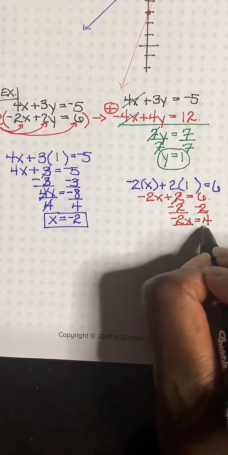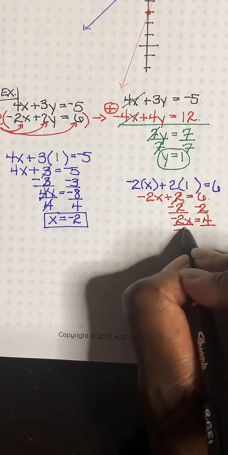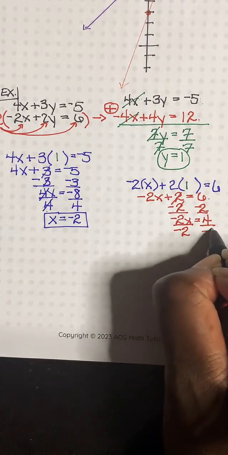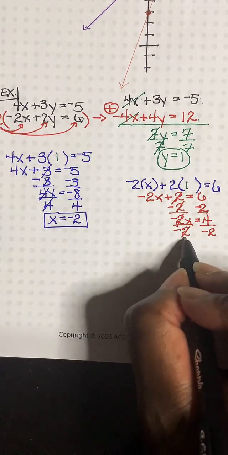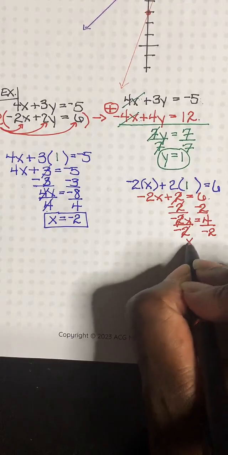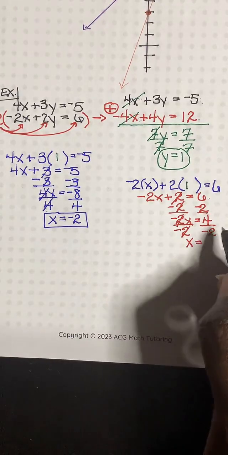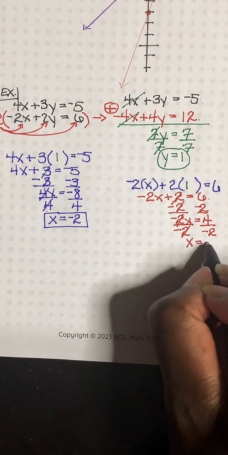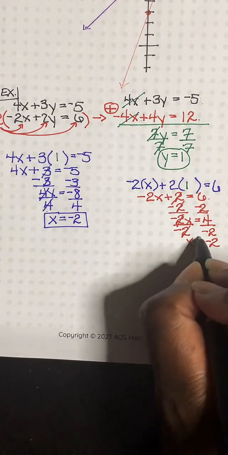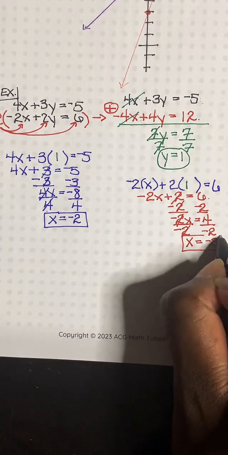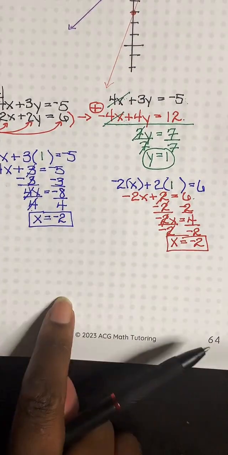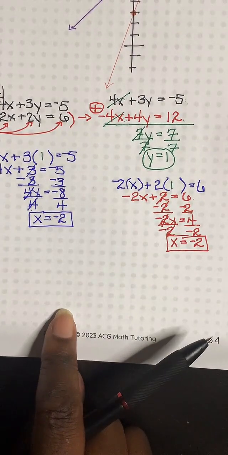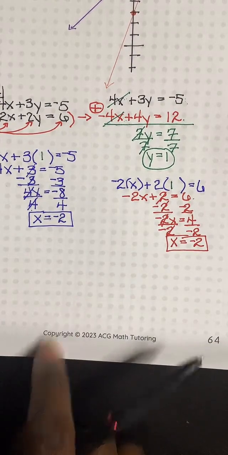Now, we're going to divide both sides by the negative 2 because we want to get our x by itself. Negative 2 divided by negative 2 gives me 1 or 1x. And then 4 divided by negative 2 gives me a negative 2. So see, it doesn't matter which one of those two original equations you pick. You're going to get the same answer.